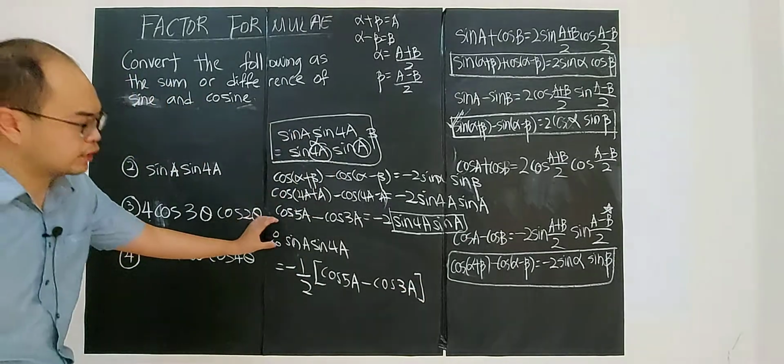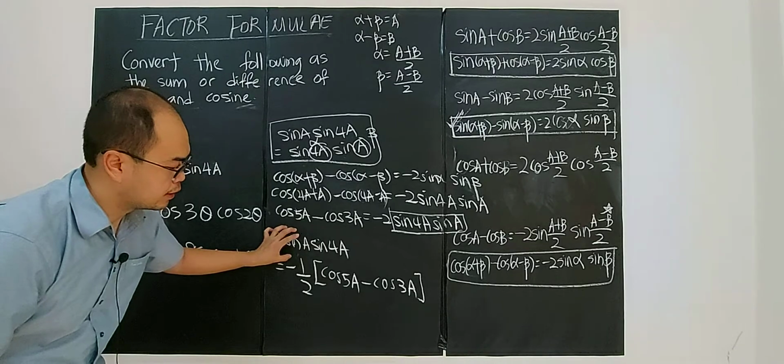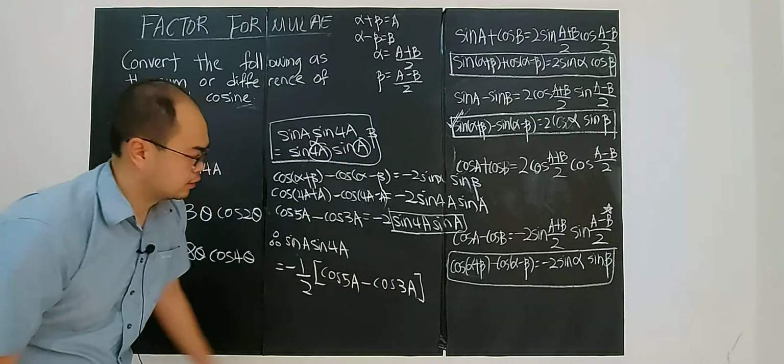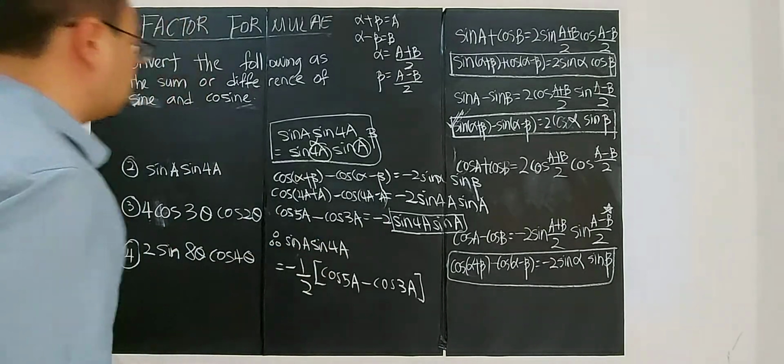So you have converted a product form of 2 sines into the subtracting, the difference of 2 cosines. So this is the usage of the formula here.